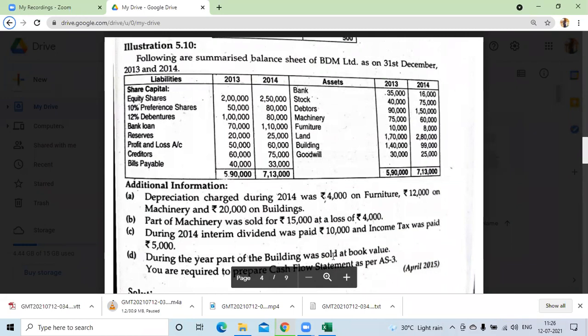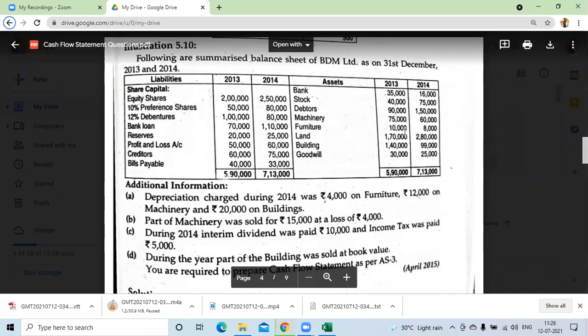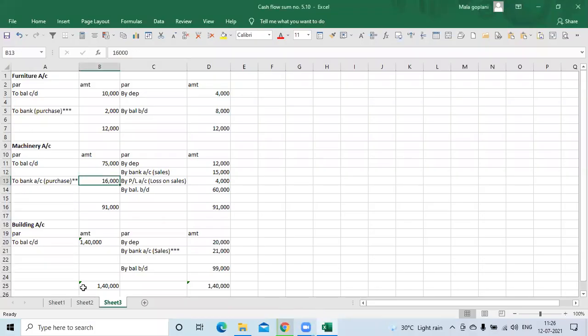Have you made the ledger account? Yes. Tell me, what is the opening balance of the building? 1,40,000. And what is the closing? 99,000. Very good. Where will you write opening? Debit side. Write down 'To balance brought down 1,40,000' and leave 2-3 lines on the credit side. Write down 'By balance carried down 99,000', closing balance.